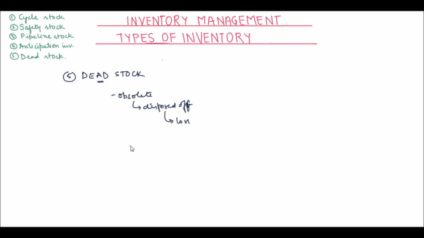A simple example is the fashion goods business in the developed countries. In this case, the firm identifies the slow moving items and offers huge discounts to dispose them off by end of the season.